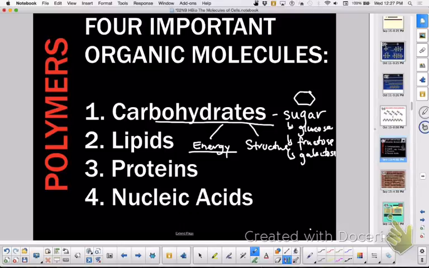Good. How do plants store their energy? Starch. Good. Structure. Do you remember the different structures we could build with carbohydrates? Cellulose, plant cell walls. Good. What else? Chitin. Good. Fungal cell walls and arthropod exoskeletons.